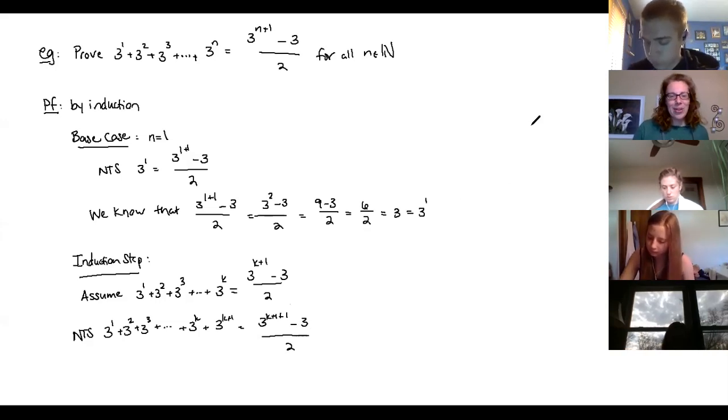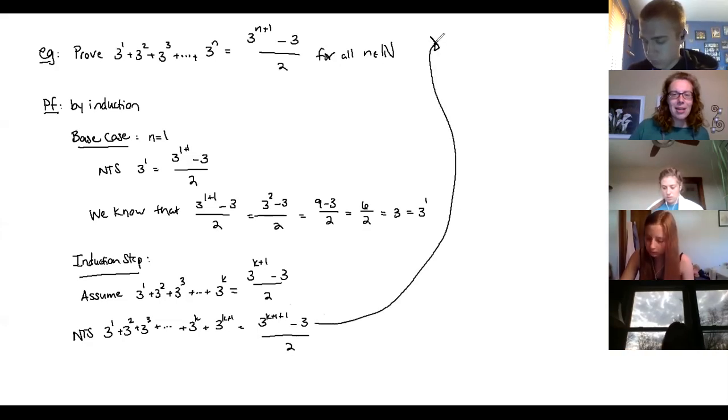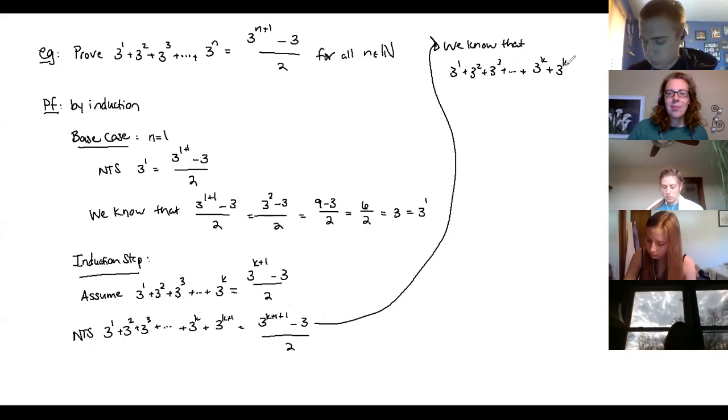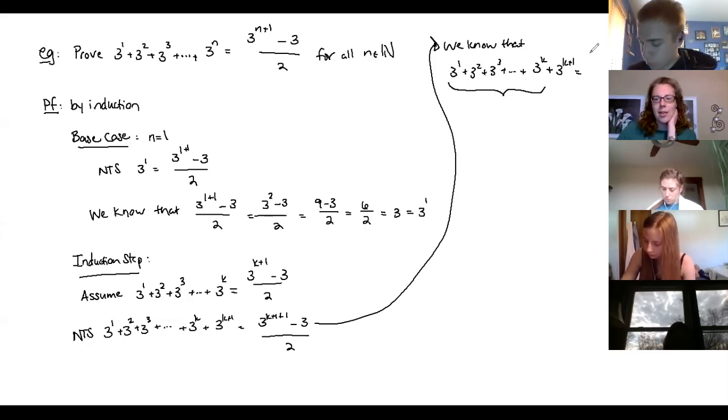So 3 to the k plus 1 plus 1 minus 3 over 2. All right, with an arrow, and we'll see if I can fit this all on one slide. My equations are going to be squished a little bit. We know that 3 to the first plus 3 squared plus 3 cubed plus a bunch of dots plus 3 to the k plus 3 to the k plus 1 equals, so I can do these first pieces by using my induction hypothesis.